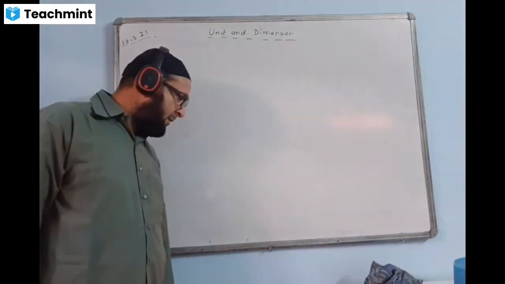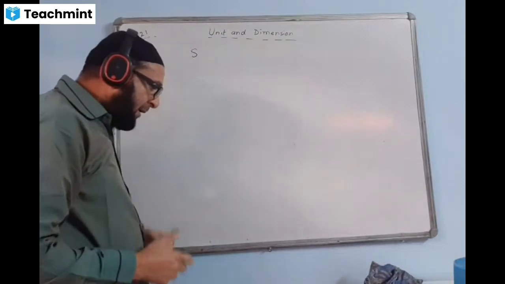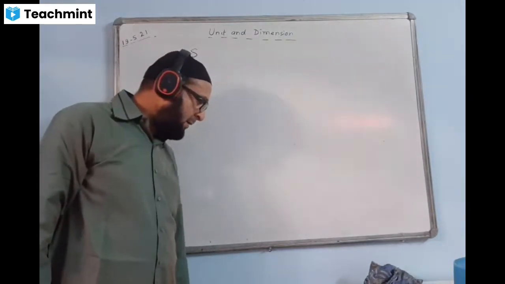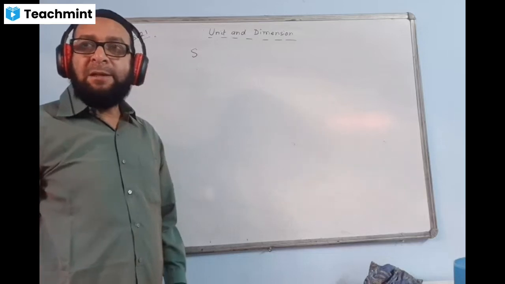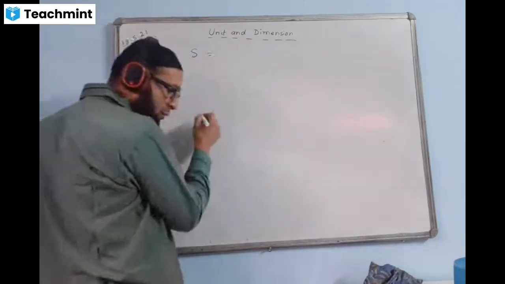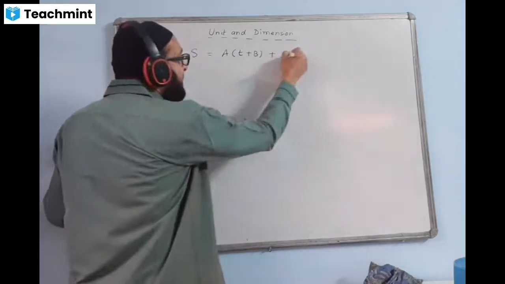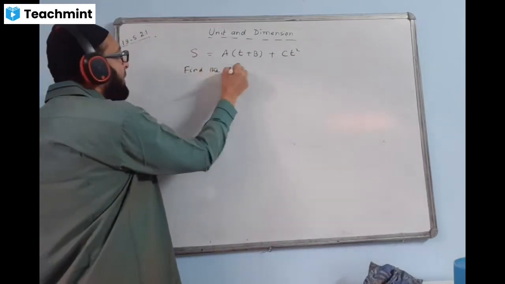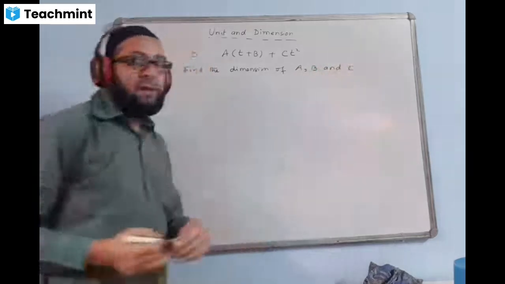The distance S traveled by a particle at any instant t can be represented as S is equal to A within brackets, T plus B plus C T square, as given. Now the question is asking you to find the dimension of A, B and C.